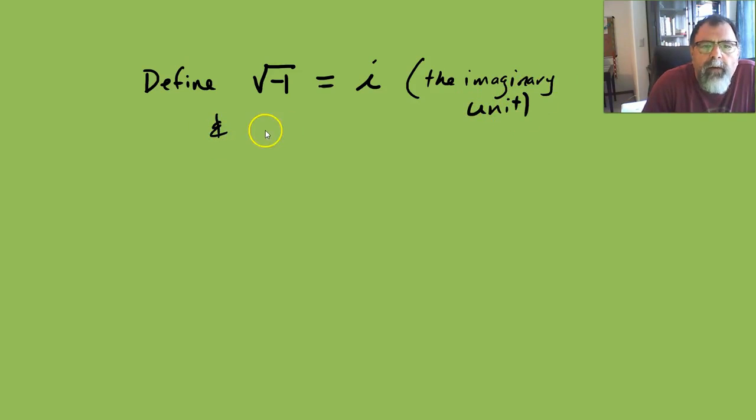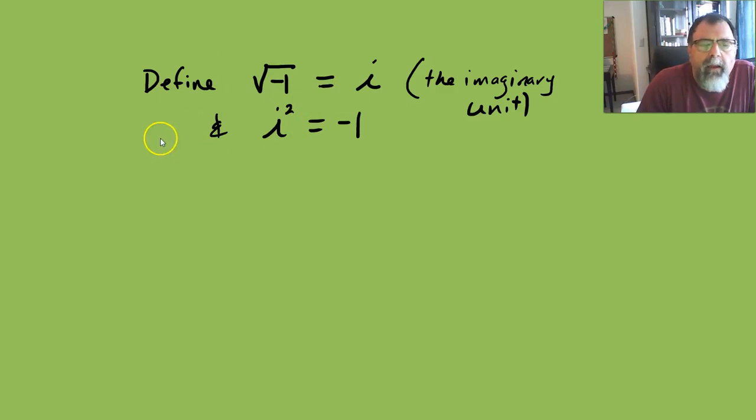And we also define that i squared is equal to -1. That fits with saying the square root of -1 is, if we ask what squared is -1, well that's i squared. So i is the square root of -1.